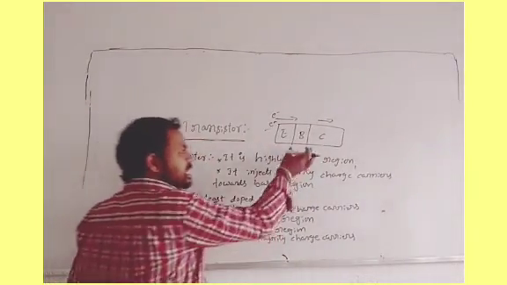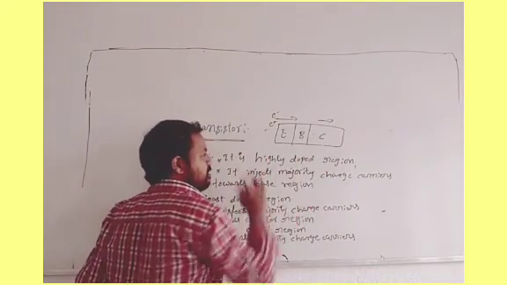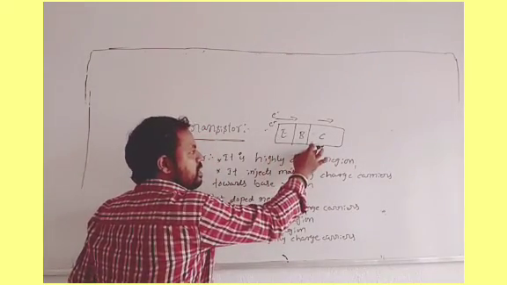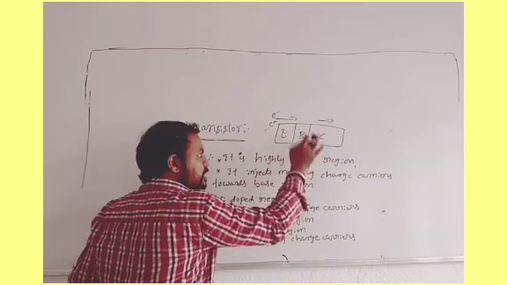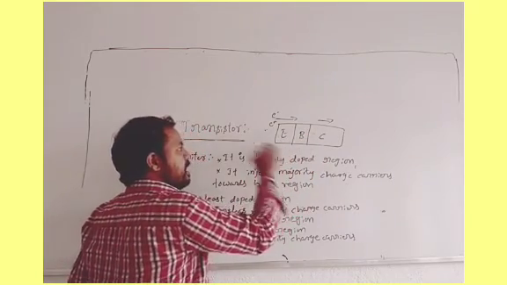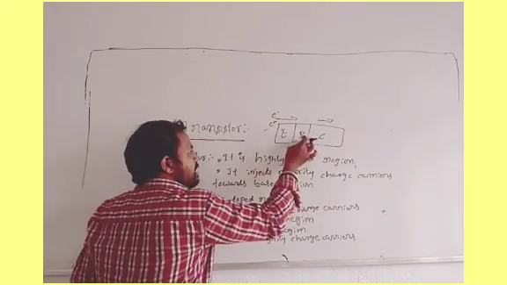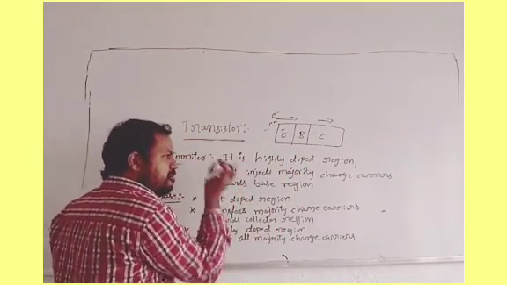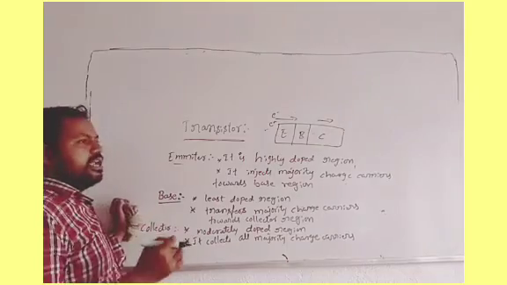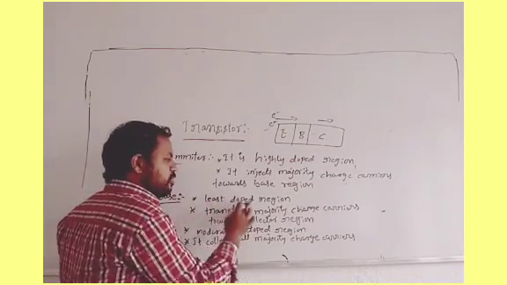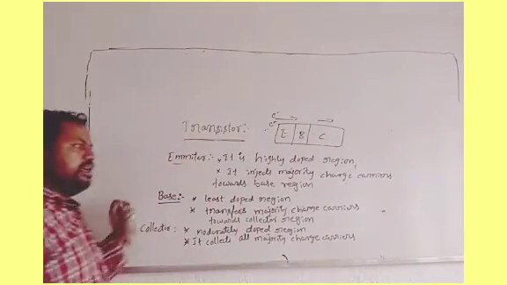That means the thickness of the collector region is greater than the thickness of the emitter region. Compared to the emitter and collector, the base region has a very small thickness, and it is the least doped region.